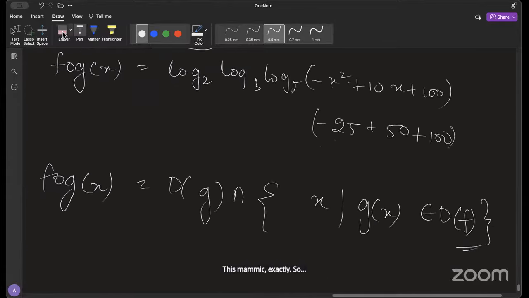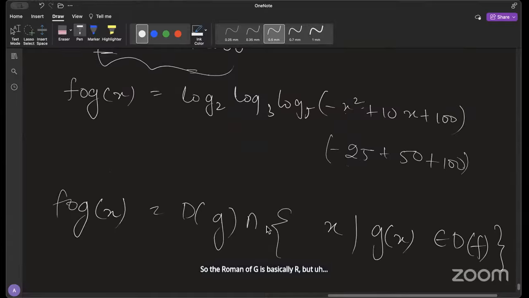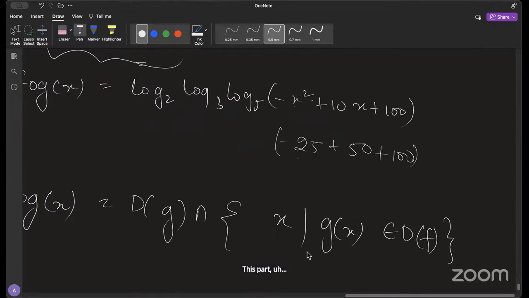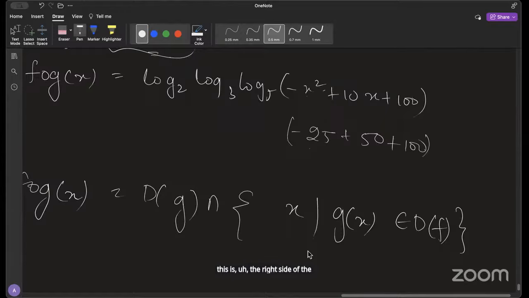The domain of G is basically R, but this part is strictly greater than 5, the right side of the intersection part.